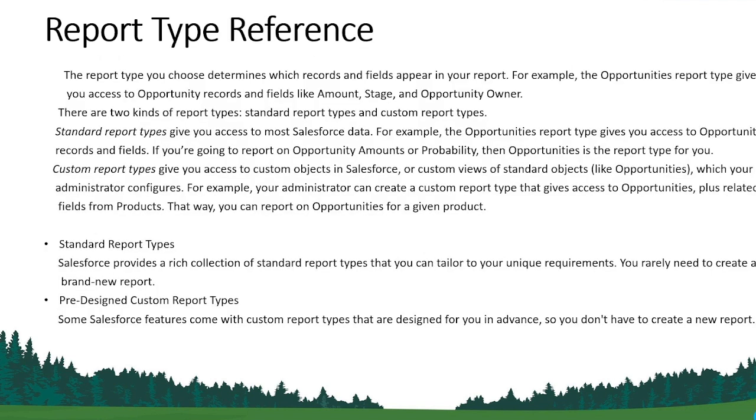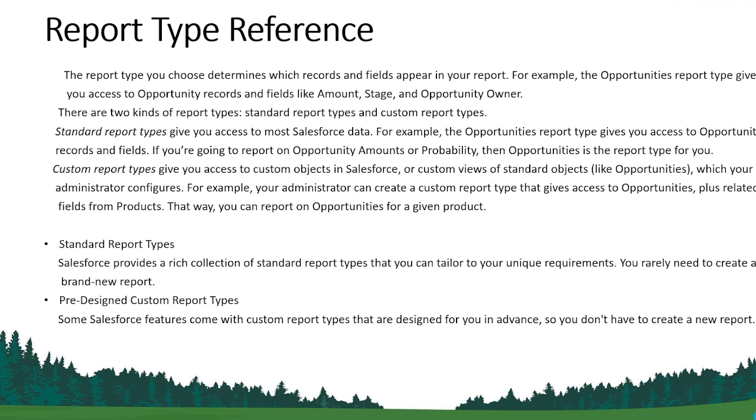Now we have the report type reference. The report type you choose will always tell you what records and what fields you want to show in your report. There are two different types of report types. One is standard report types, another one is custom report types.